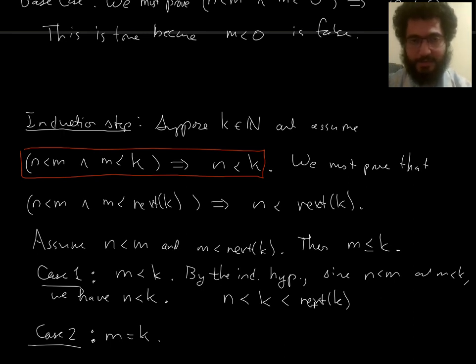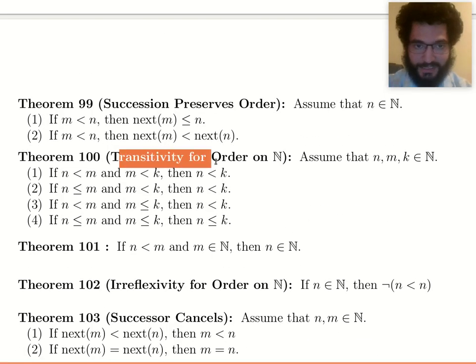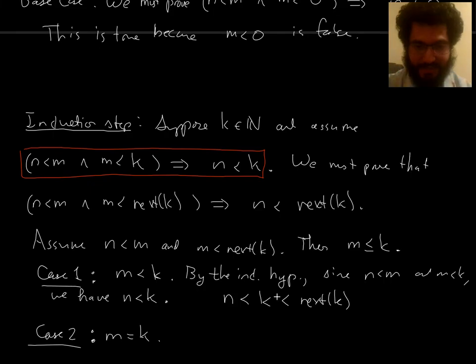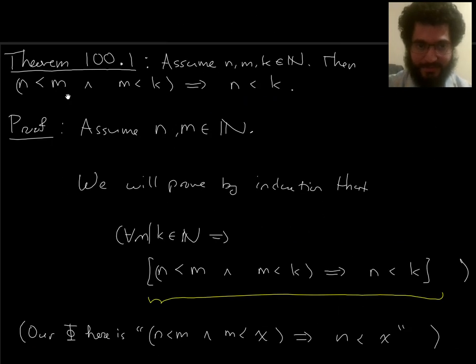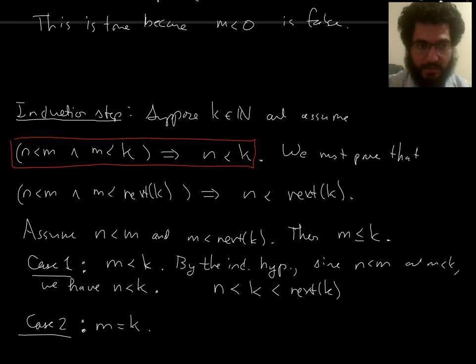Does that argument work? Do you see what's wrong with this argument? So, here's what's wrong. That argument uses transitivity, right? It's using this principle that if one thing is less than another, and that's less than a third thing, the first is less than the third. But that's exactly what we're trying to prove. That is what we are after here. So definitely we cannot use this fact.